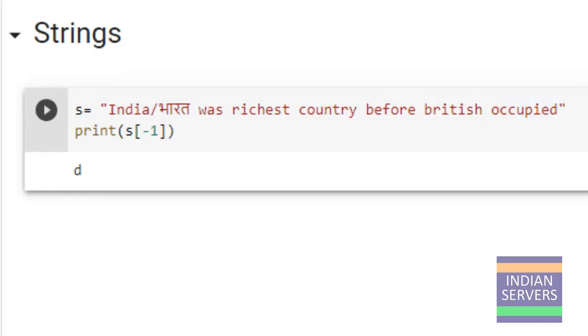In the same way, if you want to see the fifth character from last, just mention -5. It's going to print the character. If you want to see the last 5 characters, just type -5 colon. So it's going to print all the characters which start from -5 to the end of the string.